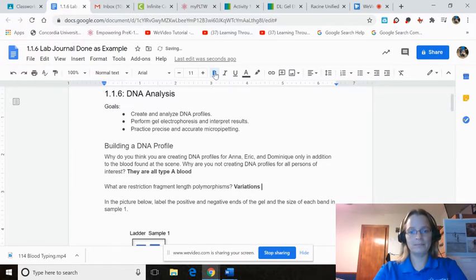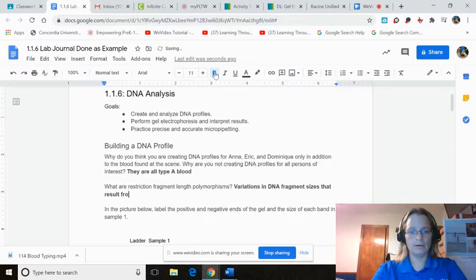Variations in DNA fragment sizes that result from restriction enzymes cutting DNA at recognition sites.